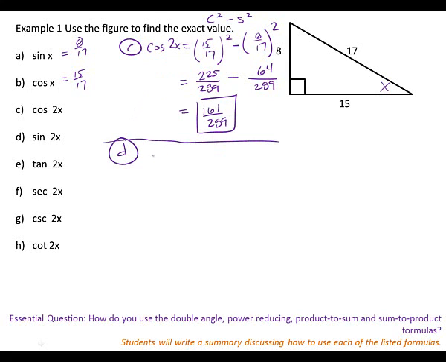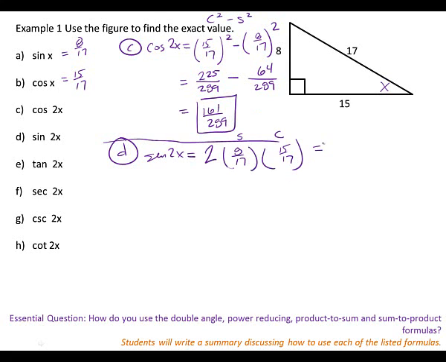D is we're supposed to be finding sine of 2x. What does the formula say for sine of 2x? 2 times sine times cosine. What was the sine that we found originally? And what was the cosine we found originally? 15 over 17, perfect.